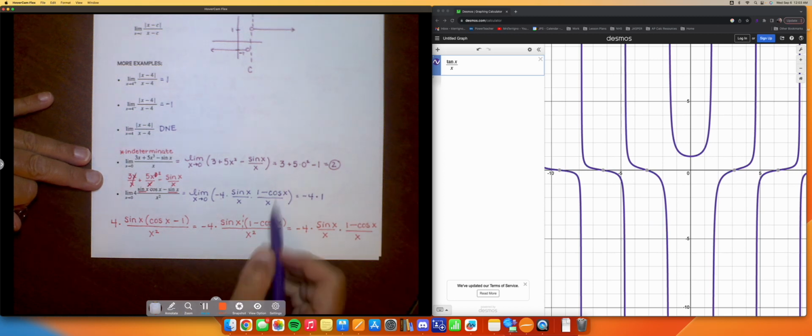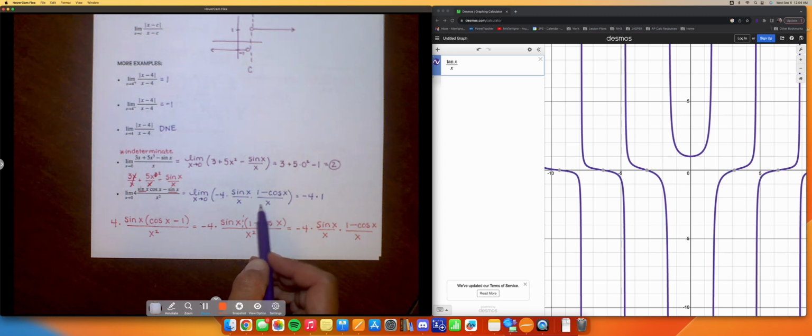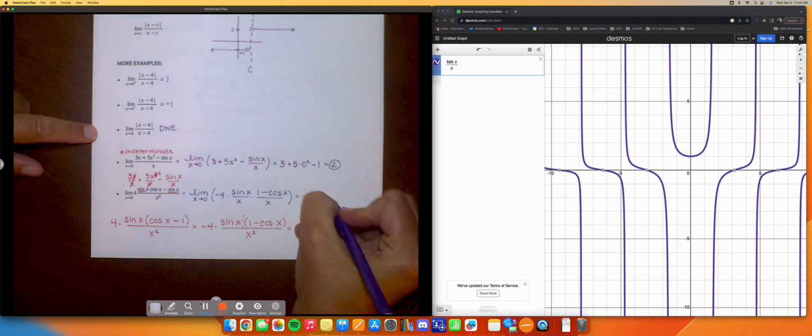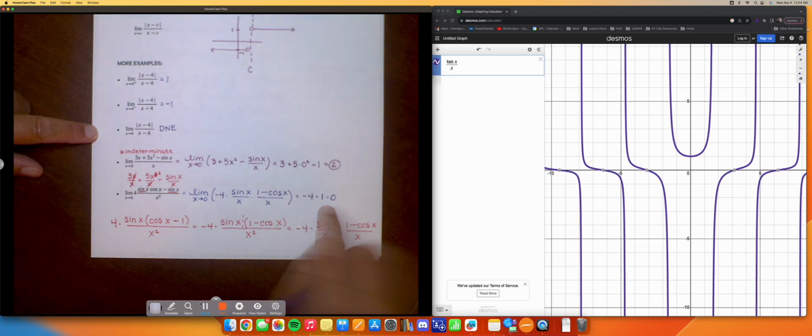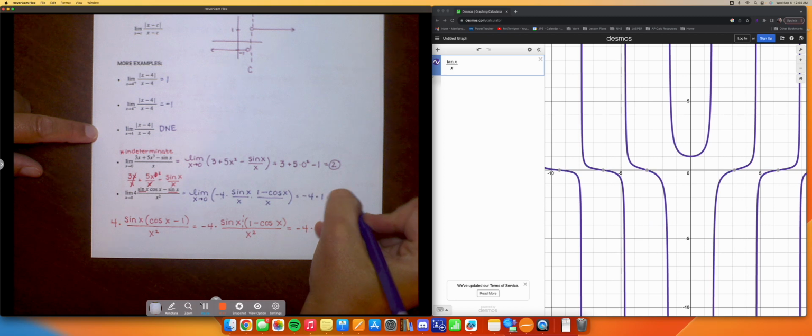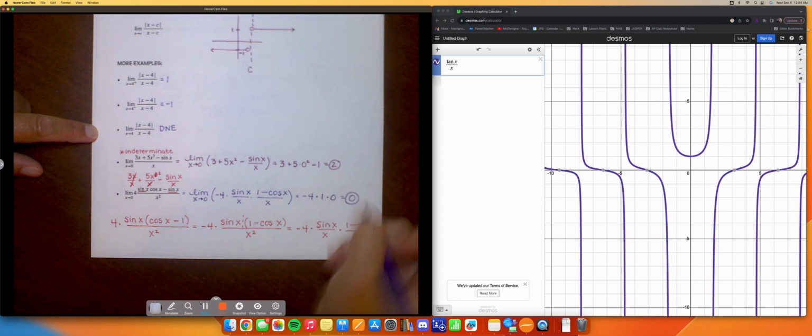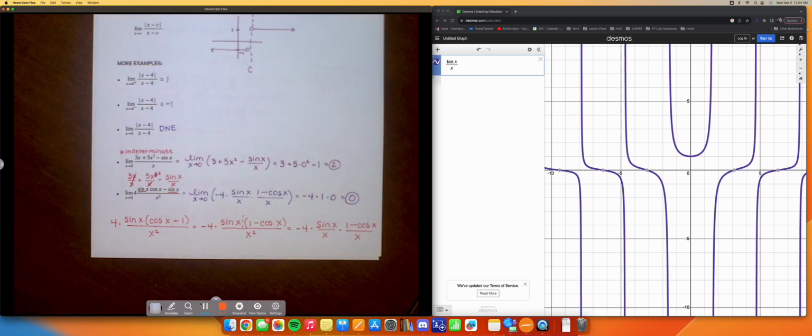And then remember this one from the other page, 1 minus cosine x over x, and by other page I actually mean the top of this page. That limit is just equal to 0. And so this is what I mean, as soon as I get that 0 in there, this whole limit just turns into a 0. Which feels like a lame answer, but at least it's an answer, right? It's not indeterminate anymore. We can find the actual limit.